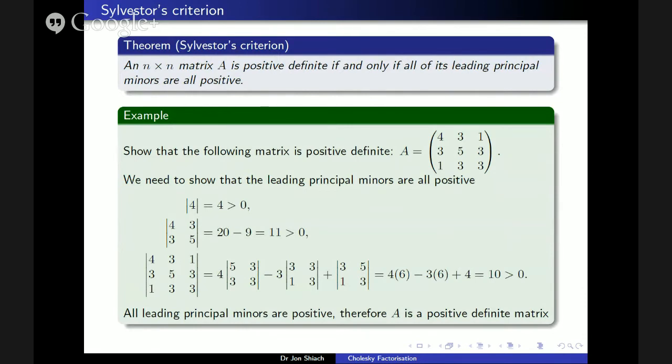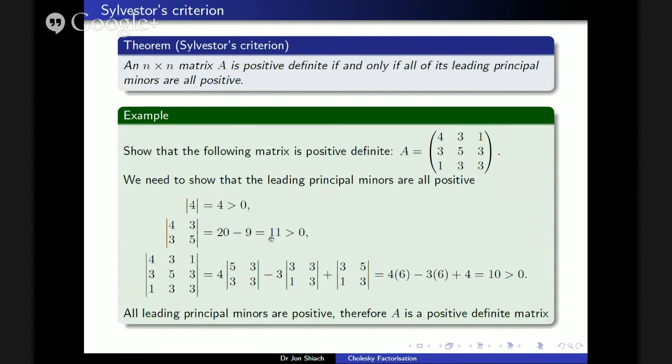So for example, here I have matrix A. Okay, so if I take the determinant of the matrix formed by taking first row, first column, determinant of 4, which is 4, that's positive. If I take the 2 by 2, the first 2 rows and 2 columns, I have this matrix.